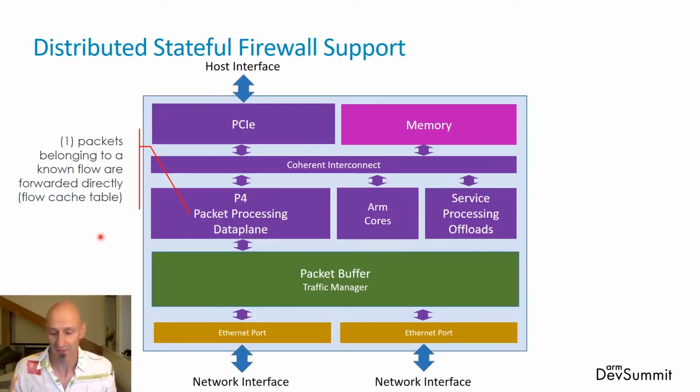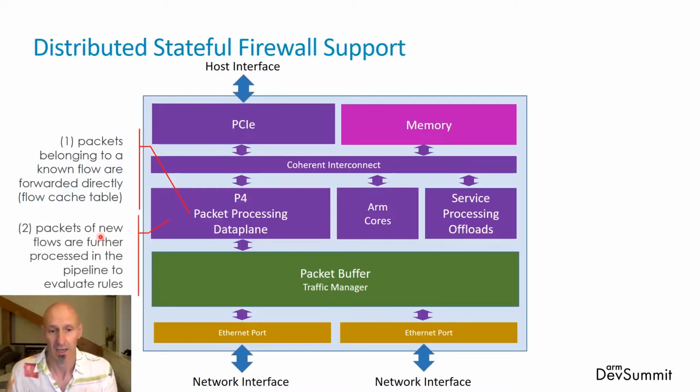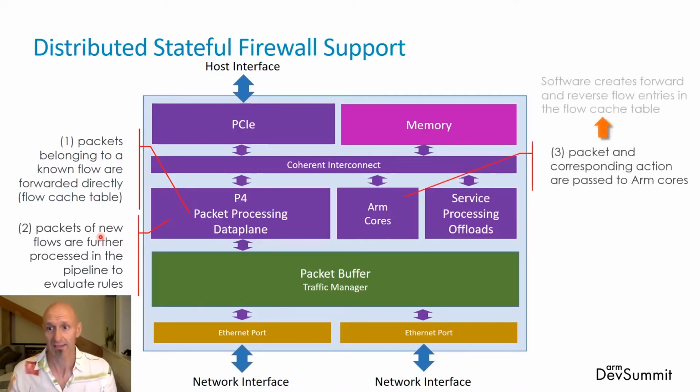Otherwise, if the packet is part of a new flow that's not already in the flow entry, within the pipeline, the packet is processed, is matched against the rules, and the matching rule is identified, and at that point the packet and the corresponding action that the rule contains are passed to the ARM core.